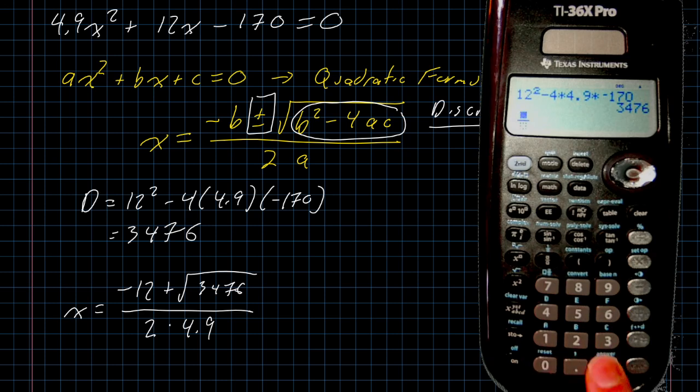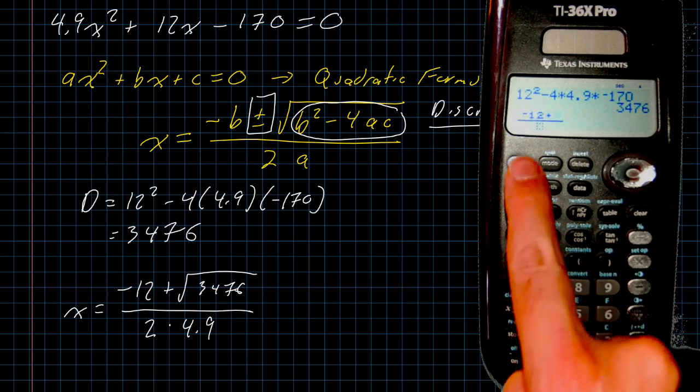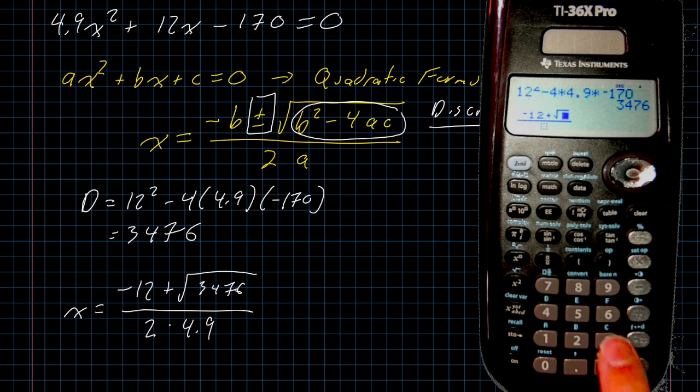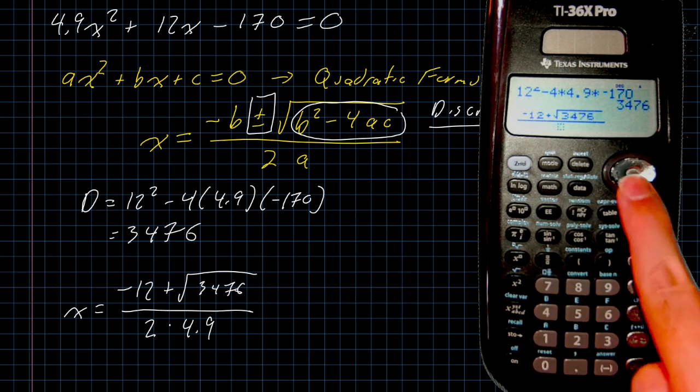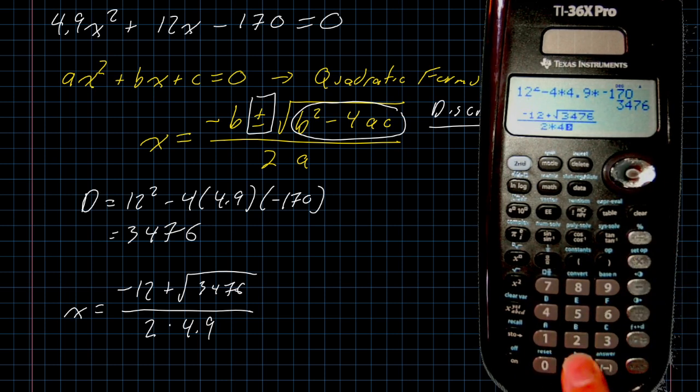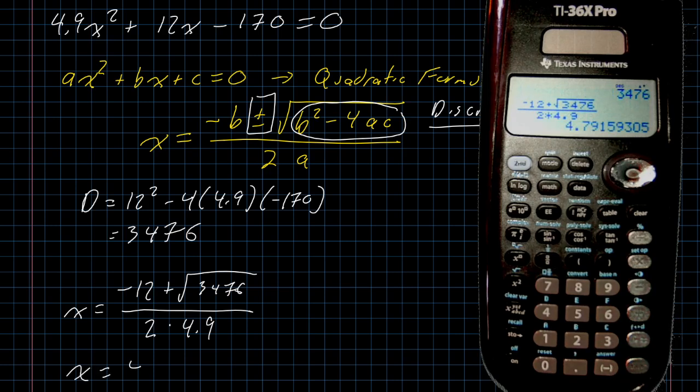I'm going to hit negative 12 plus the square root of 3476 all over 2 times 4.9. And my calculator will tell me that this comes out as 4.791, etc. I'll round that to two significant figures and call it 4.8.